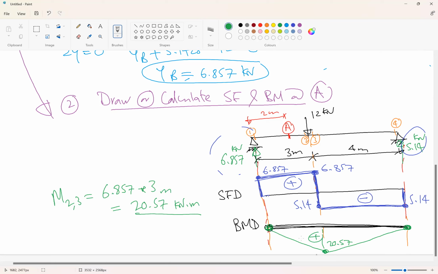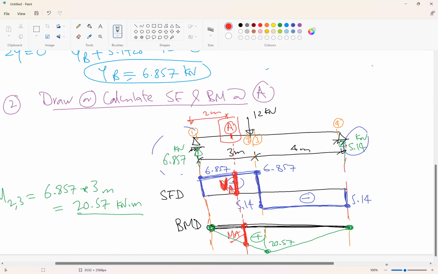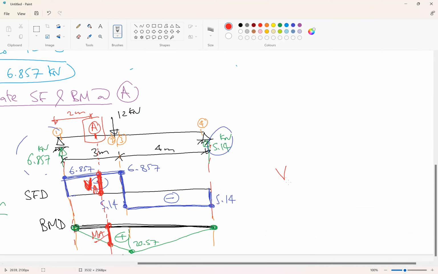So if we want to calculate the moment at A, if we draw a line like this, this will be the shear force at A, this value, or V, sorry. This will be the shear value at A, and this will be the moment value at A. So if I ask you, what is the shear value at A?